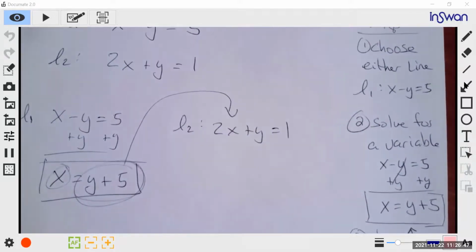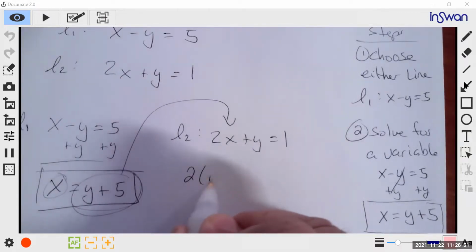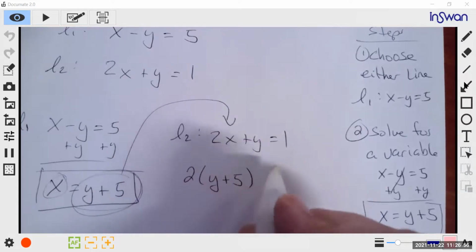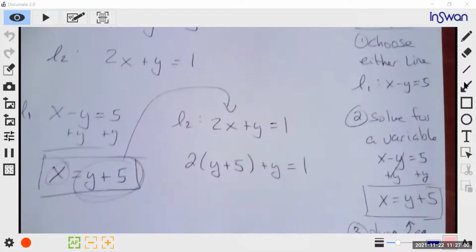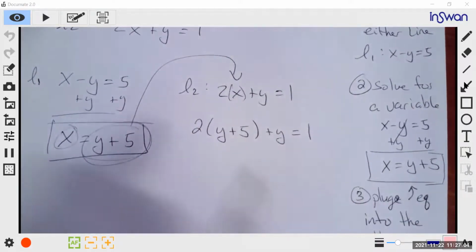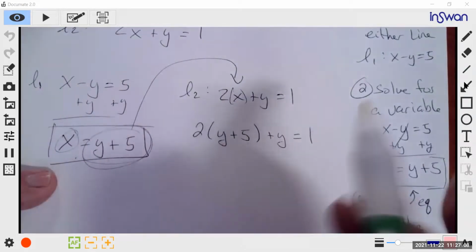I substitute y plus 5 in place of x. Work it out.